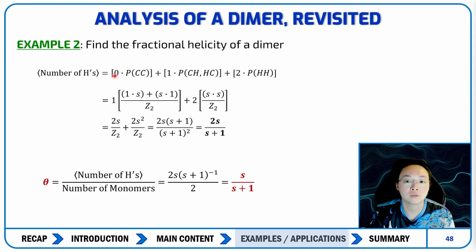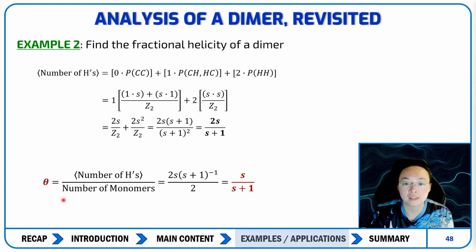So those are the total number of helix states multiplied by the probability of getting that state for each one. When you combine everything together, you end up with 2S over S plus 1, like this.